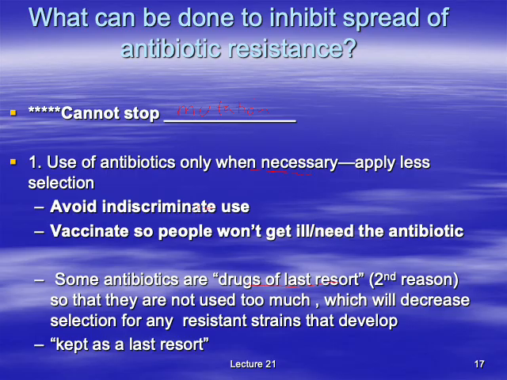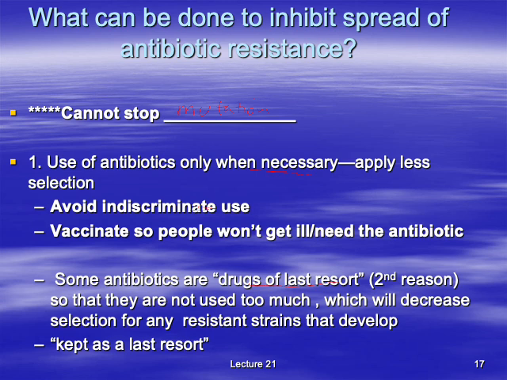Now, the second reason something is a drug of last resort is that it's not their side effects. It's that medical science doesn't want them used very much. So they're purposely not used much. They're saying you can only use it as a last resort when all the other ones don't work. Why?